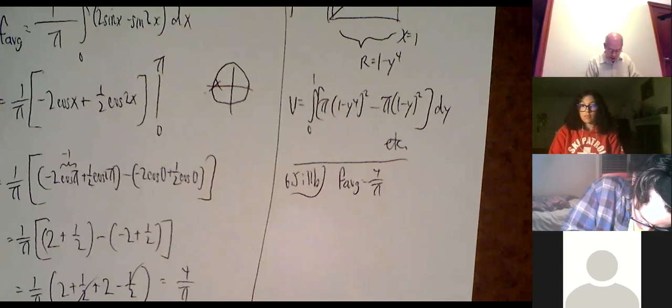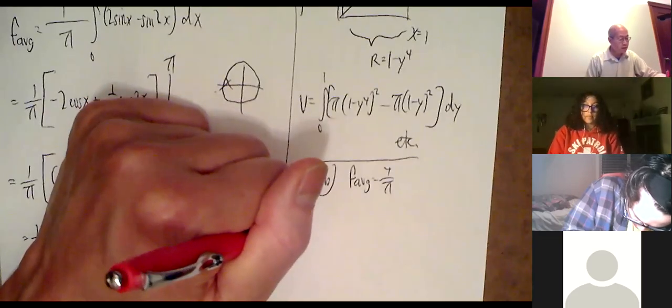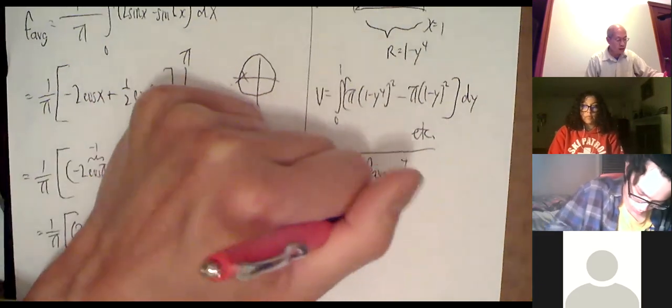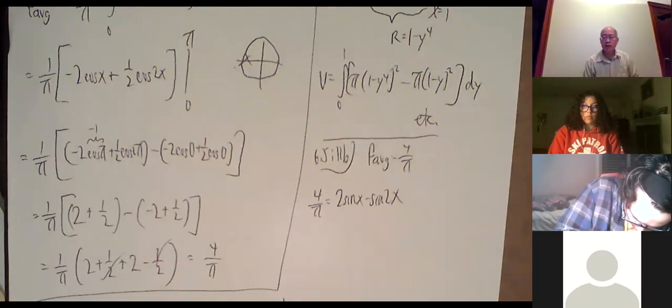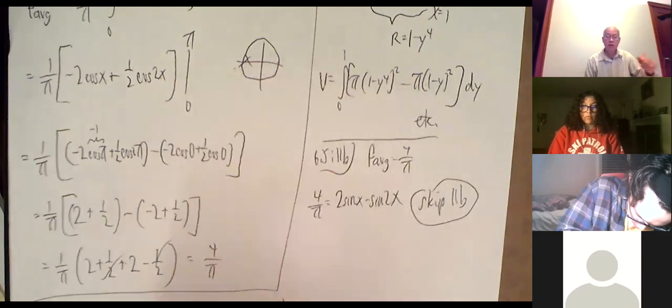Find C such that F average equals F of C. So that means 4 over pi equals 2 sine x minus sine 2x. Oh, okay, I see what you mean. That can't be done very easily. So yeah, we'll have to skip that. Skip 11B, as it turns out.